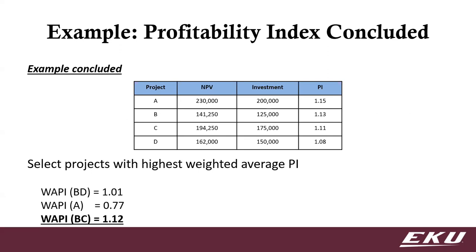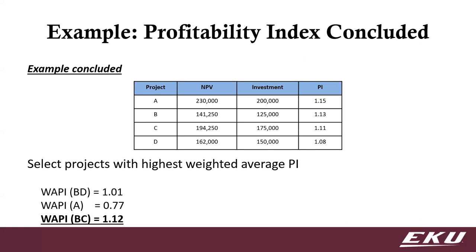Knowing that if I do project A, I can only do A, and then I cannot invest in other projects where I could do B and C or B and D. But C and D cannot. I can't afford to do those two together either, right?